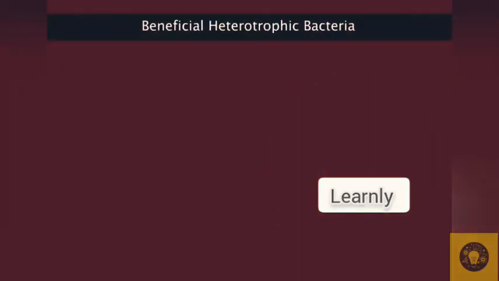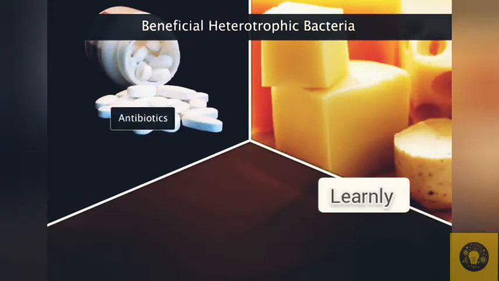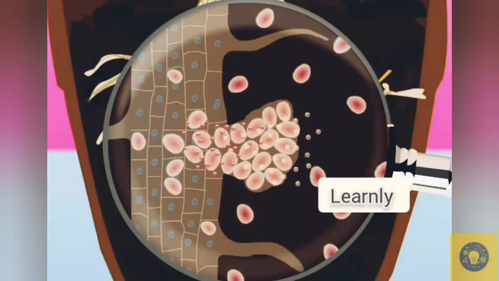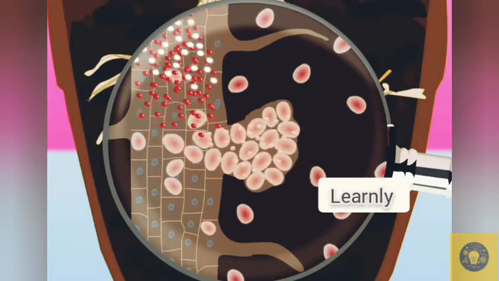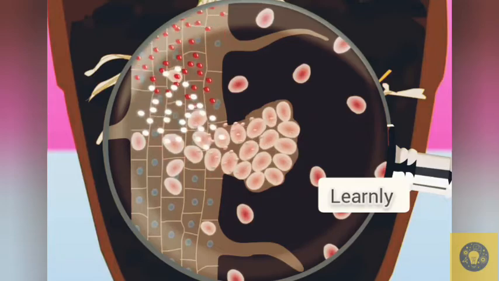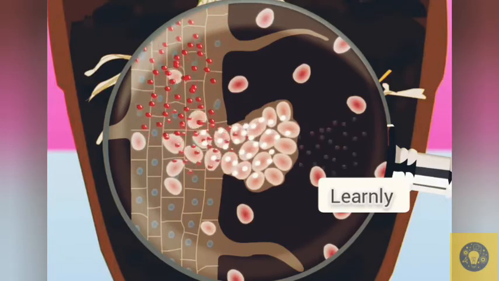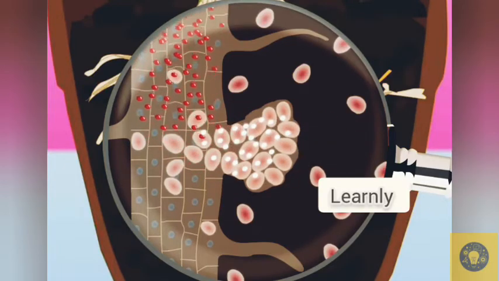Many of them are beneficial in various ways. They are used in the production of antibiotics and in making yogurt and cheese. Some of them increase soil fertility by fixing nitrogen, while others clean up the environment by decomposing rotting materials and returning nutrients to the environment.